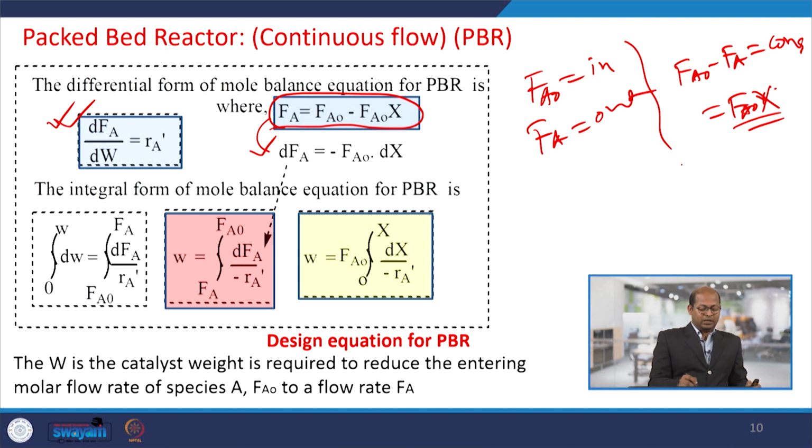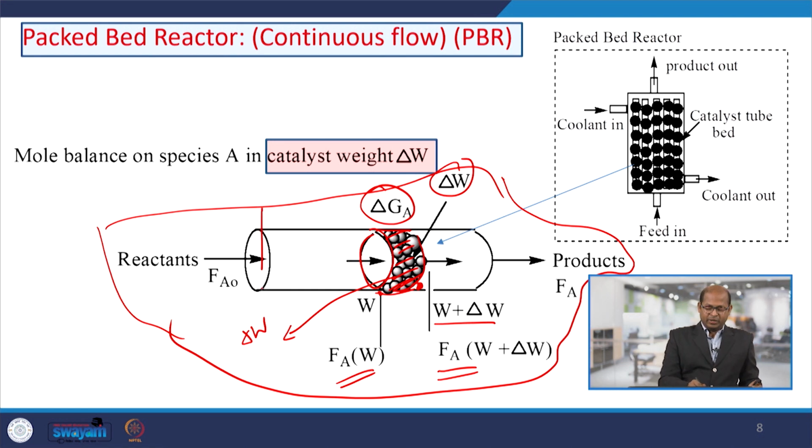Now we rearrange this equation and substitute these parts, or first we can integrate with respect to the total weight of the catalyst, 0 to W. W is the total weight of the system, meaning from here to here, the total amount of catalyst required.